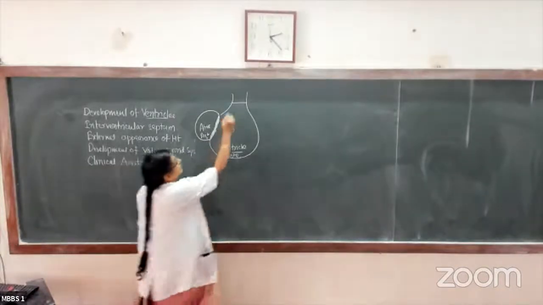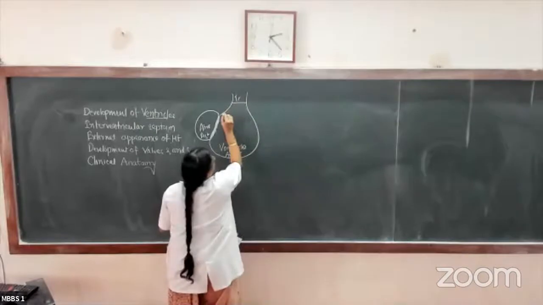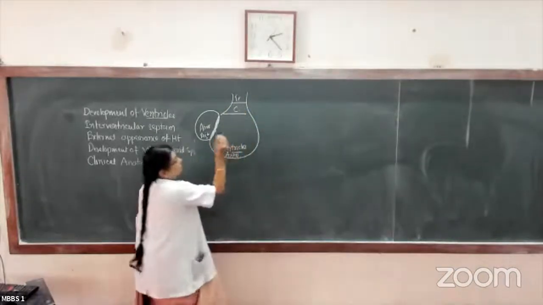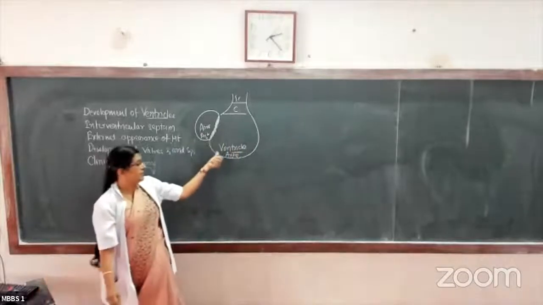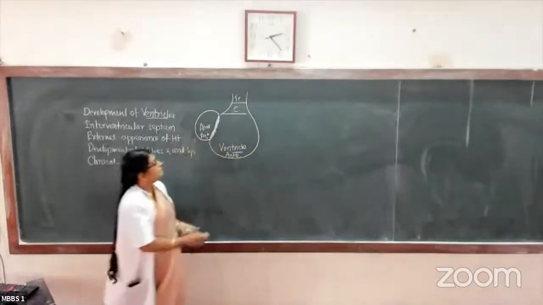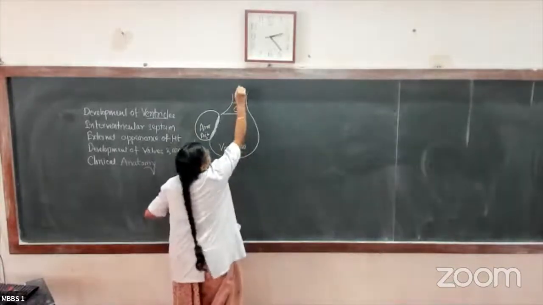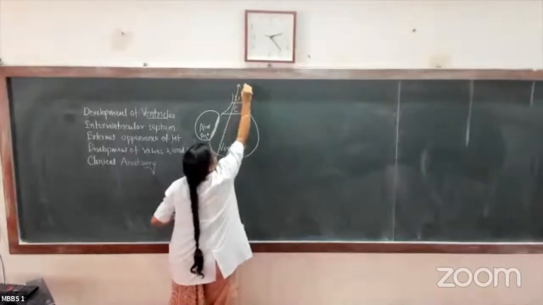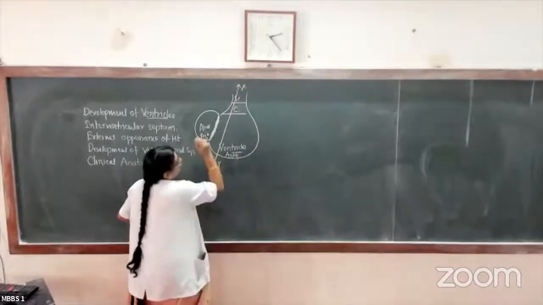So this one is the truncus arteriosus, here is the conus, and this is the ventricle which is formed by the primitive ventricle chamber and proximal 1/3 of the bulbus cordis. Now again, if you take a section here, suppose this is X and Y, how it will look?